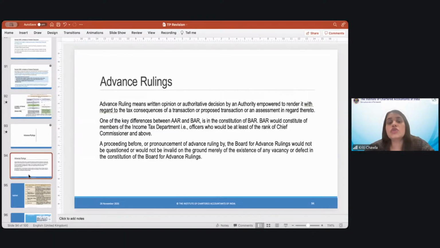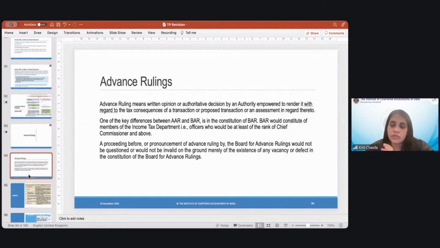Initially we used to have the Authority for Advance Ruling, which was called AAR, but now what we have is the BAR, which is the Board for Advance Ruling. The board consists of members of the income tax department, at least of the rank of chief commissioner and above.